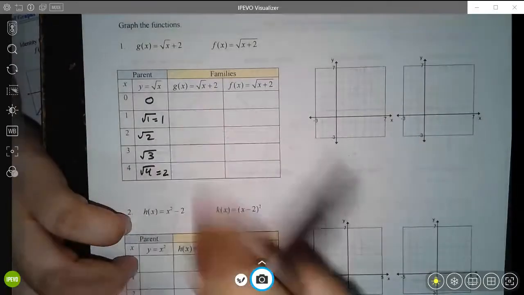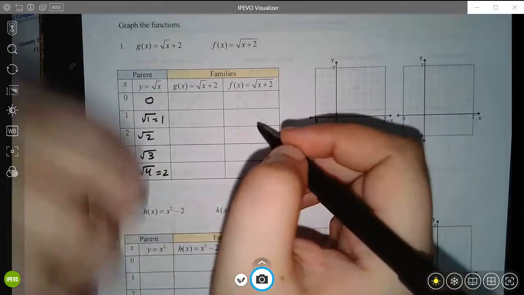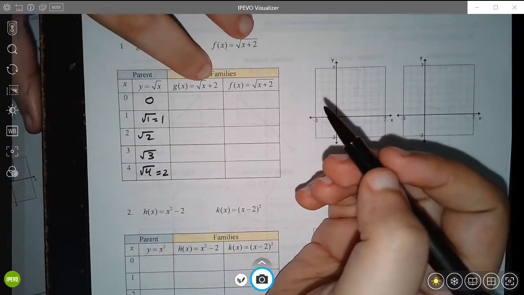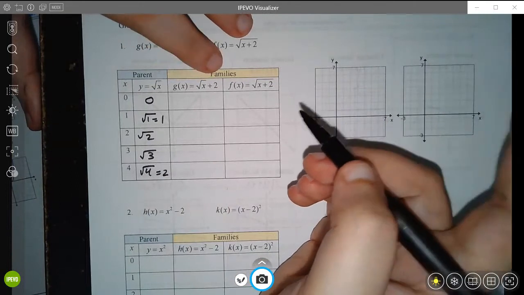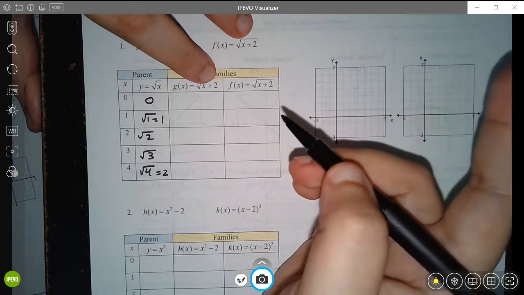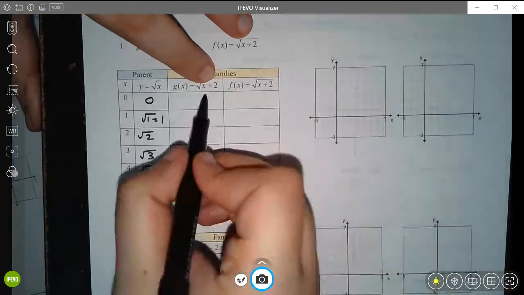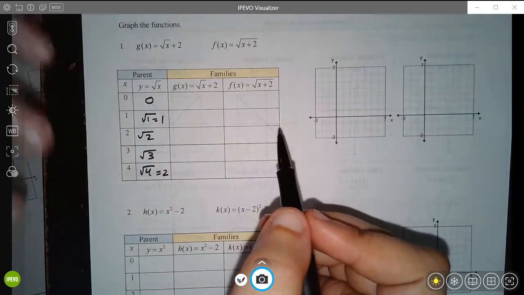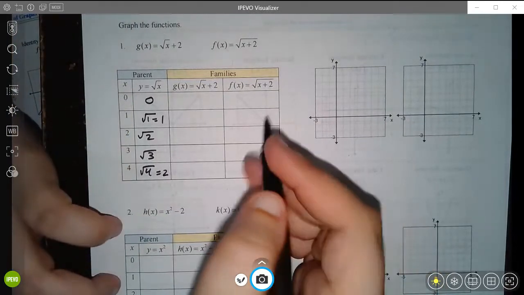Okay. Now let's look at that one. Well, we said that the g function, where you have the 2 added on the outside, is going to be a vertical shift because the addition happens outside the function. Yes? And since we're adding 2 to whatever this value is, you grab these and you just add 2 to that number. Okay?